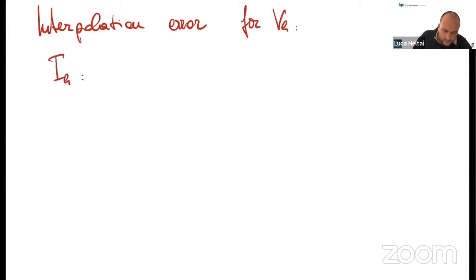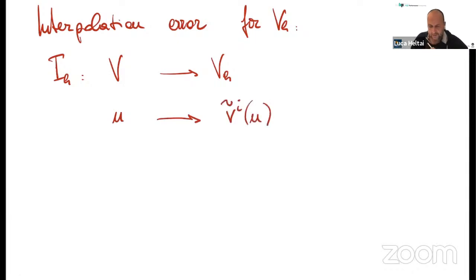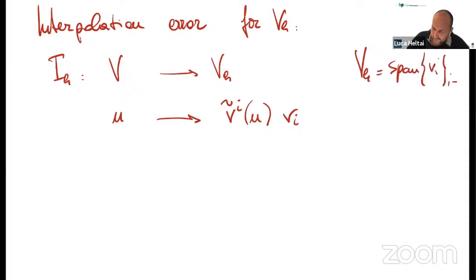So we define I_h that goes from V to V_h. And if you recall, we had defined this as a function that returned, for every u, the dual basis extension applied to u times v_i, where these were the global basis functions that define what the space V_h is. So this V_h is the span of v_i for i that goes from 1 to n.